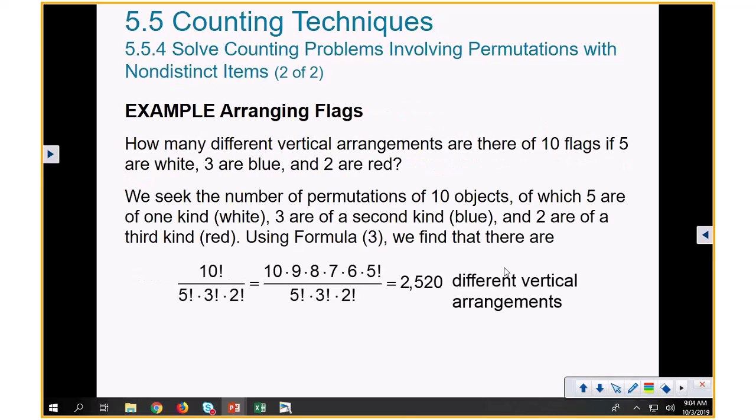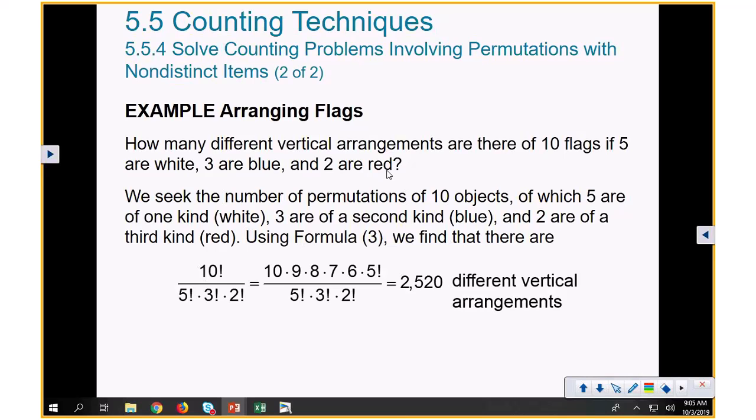So here's an example. How many different vertical arrangements are there of 10 flags? Write down flag. Flags is what they usually do on a standardized test. Is this a big deal in real life? No. That's why I don't test you on it. We seek the number of permutations of 10 objects. So 10 goes where?